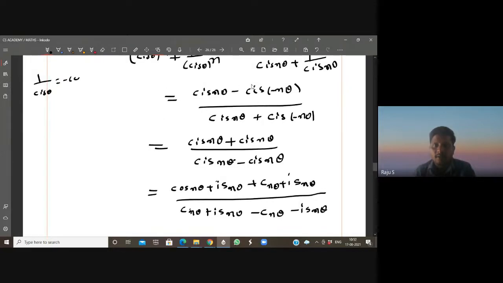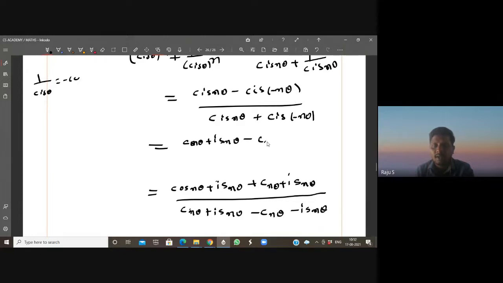Students, I'll do one thing here. I want to write directly here, without applying this, without applying that. Here itself, I want to apply the formula. Look at here, students. What is cos n theta plus iota sin n theta minus cis of minus theta?